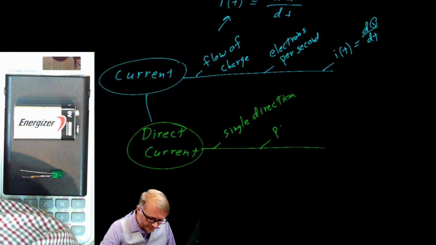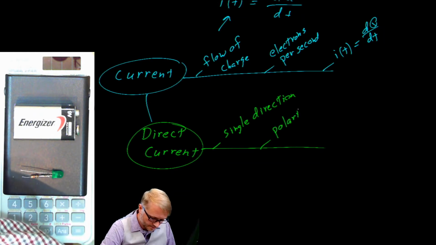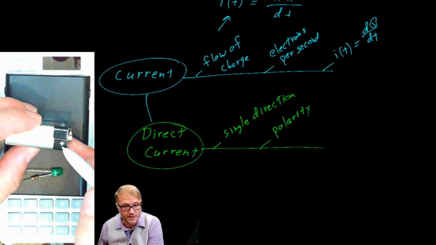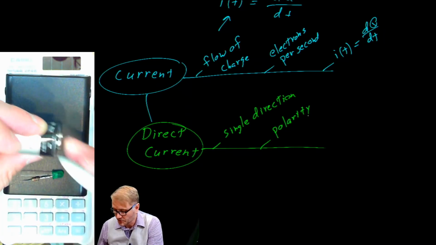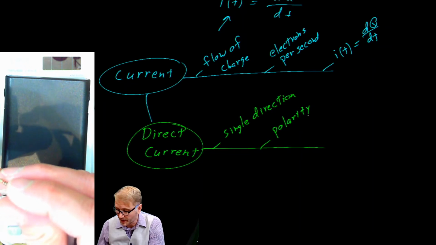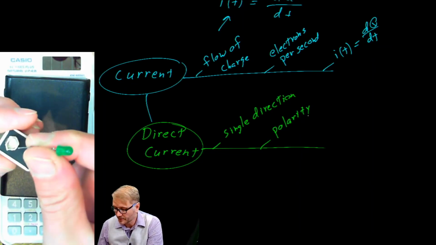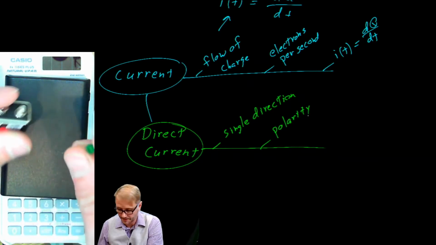There's a concept of polarity, and that we saw with the battery when we talked about the terminals. There's a positive terminal and there's a negative terminal. We saw that single direction when the LED would only light one way. See, it's not lit there. If we flip it around, it does light.